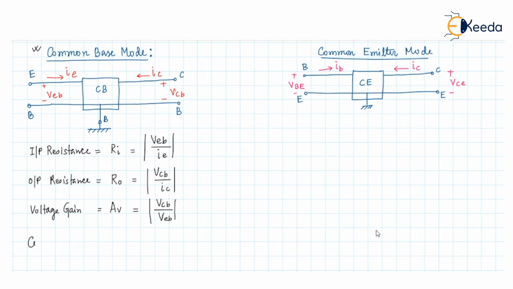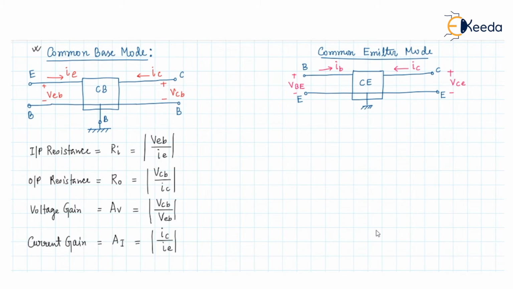Similarly, the current gain of the circuit, AI, will be the output current IC divided by the IE current.